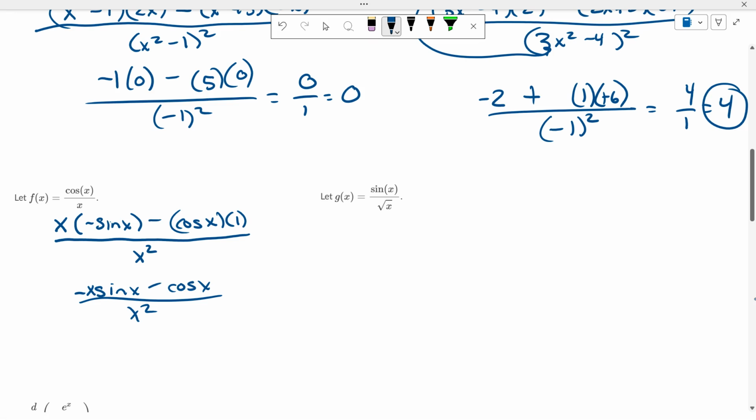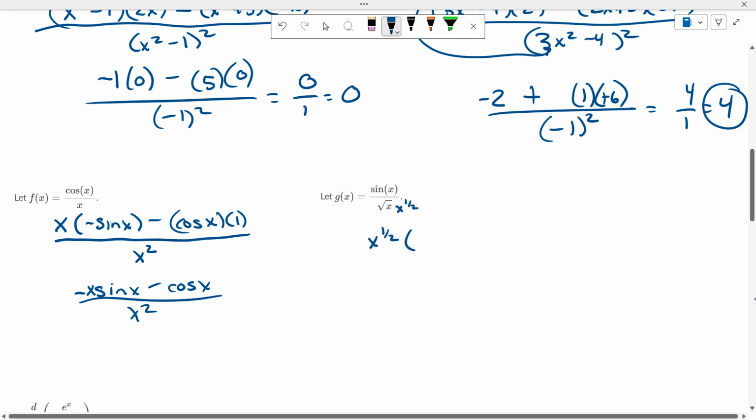This one is x to the 1/2, because the square root of x is x to that. So it's x to the 1/2 times the first derivative of the numerator, cosine of x, minus sine of x, times the first derivative of x to the 1/2, which is 1 over 2 square root of x.